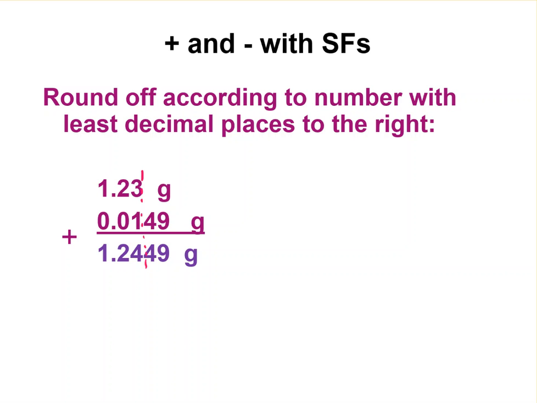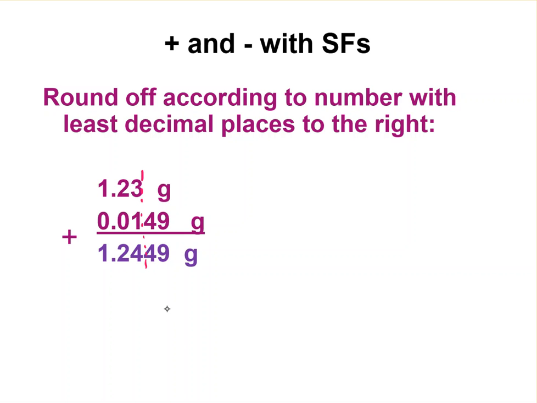And then when I go to write my answer, I'm going to cut it off at this second place past the decimal. I'm going to look to the right, and if that is 5 or greater, I'm going to round up. But that is not 5 or greater. Don't look beyond it to see if that would be rounded up. Don't round, just look.